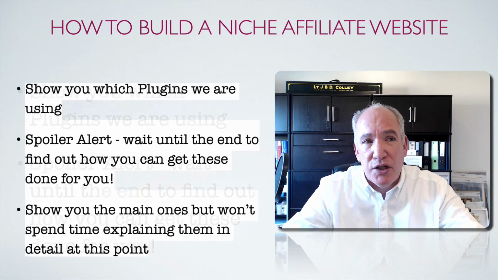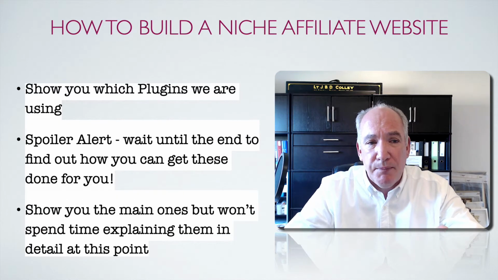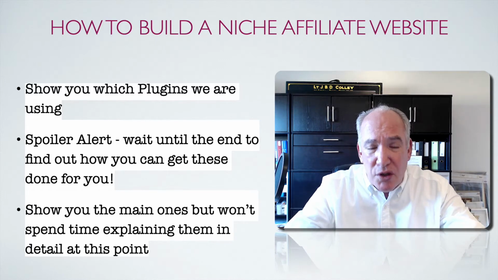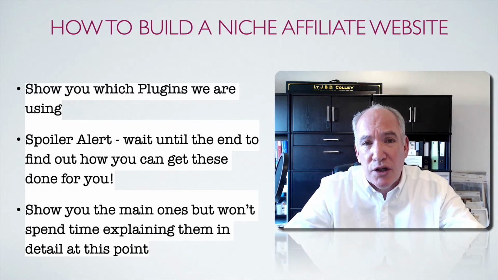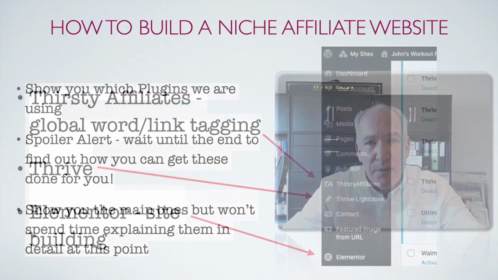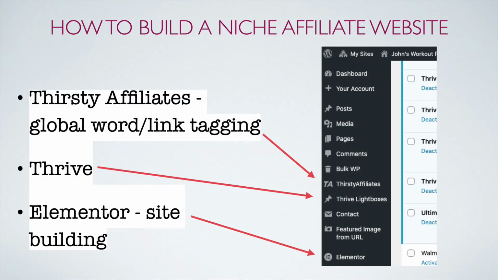But what we're going to do is not spend time explaining to you exactly how to put in plugins, or indeed what they're going to do. I just want you to be aware that plugins are there and that we're going to be using some of them. So we're going to be using Thirsty Affiliates, which is a way of helping you to tag your links on words across your site.